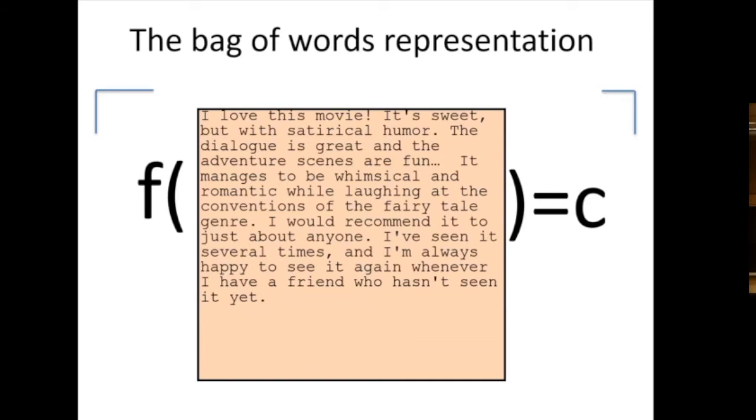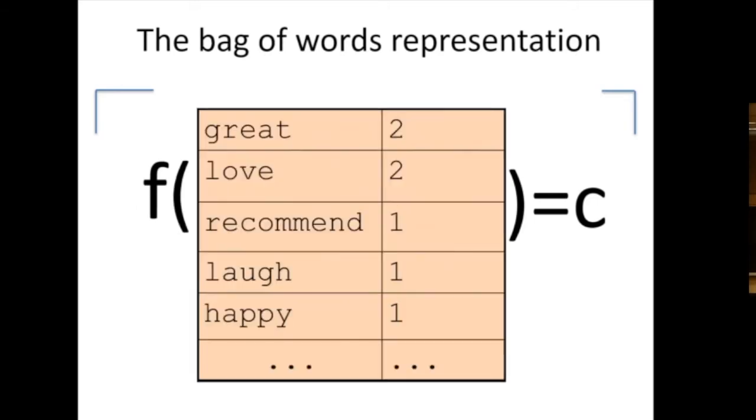So here you're saying, I love the movie, it's sweet, and then whatever, it's great. And then you actually just forget about the concrete phrases. You just leave a vector with a fixed size, which is the dictionary size.